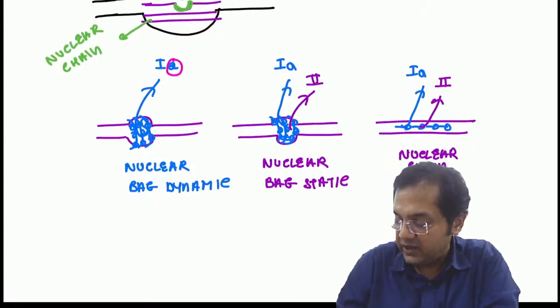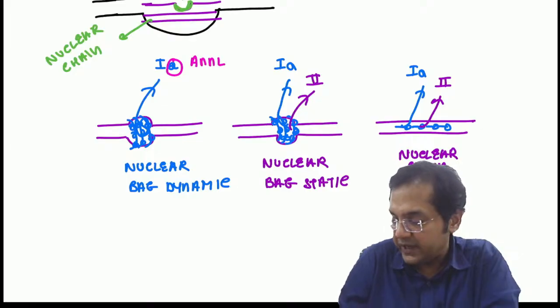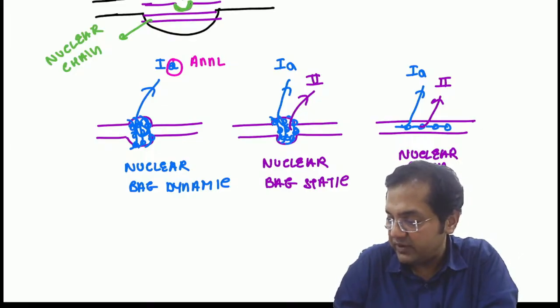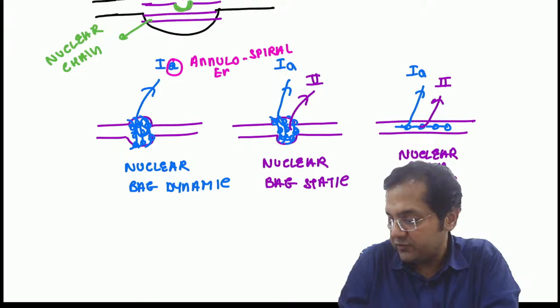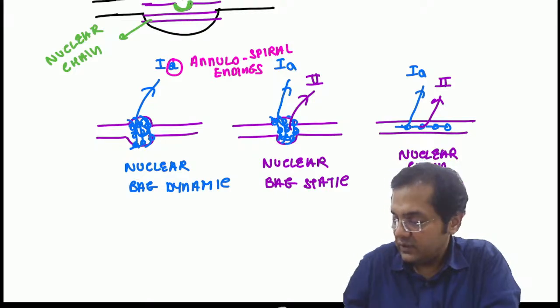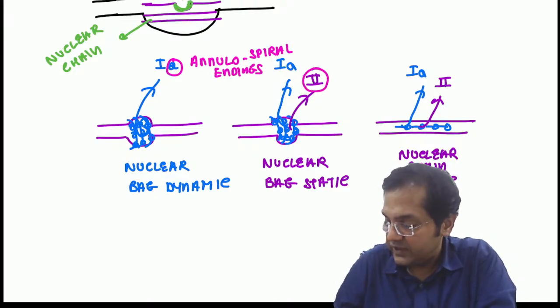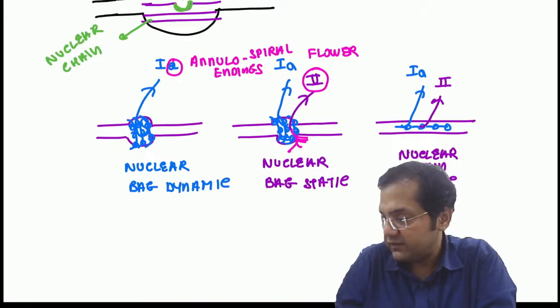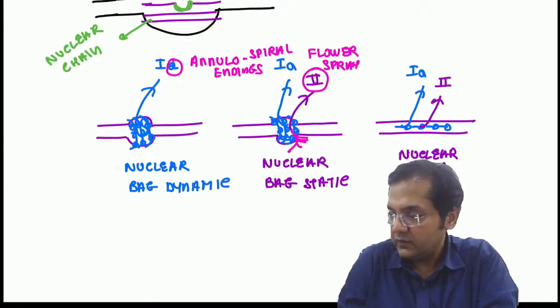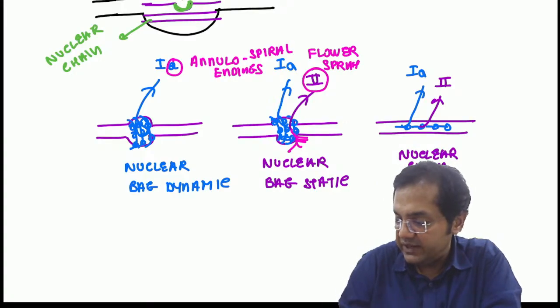Now these are the afferents. 1A endings are known as annulospiral. Remember A for 1A, A for annulospiral. That is how you can remember. Annulospiral endings. Type 2 endings on the spindle are like this. They are known as flower spray endings. And finally the efferent.